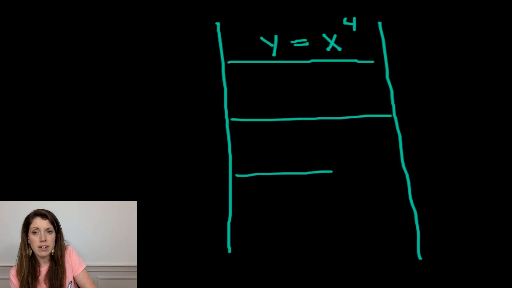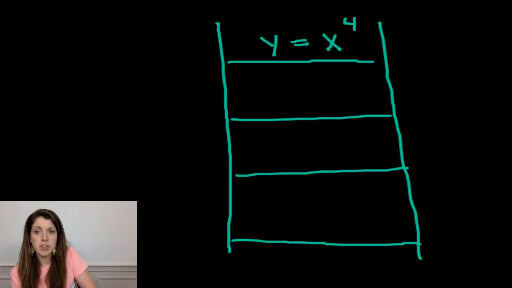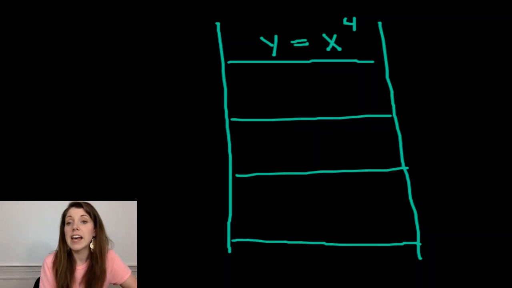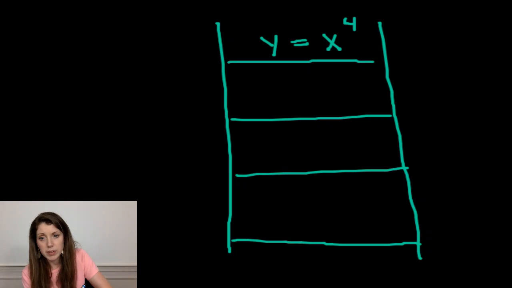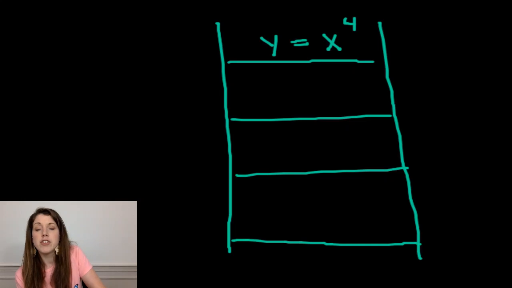And we're going to take the derivative a few times. This fits our power rule because x to the 4th is a power function. So the power rule says if you want to find the derivative, you take the power, swing it out to the front, and then drop the power by 1.